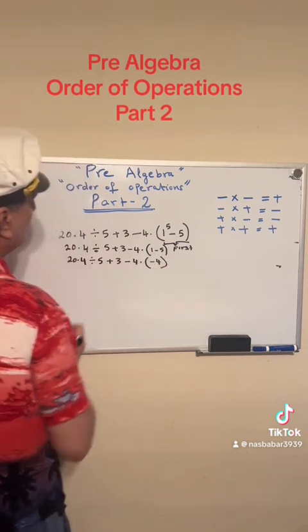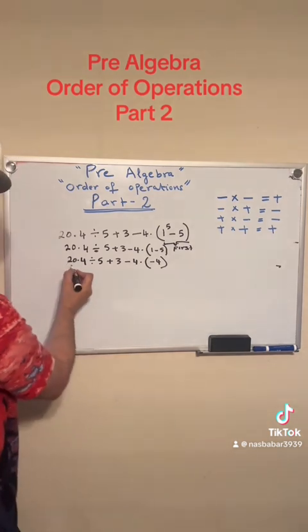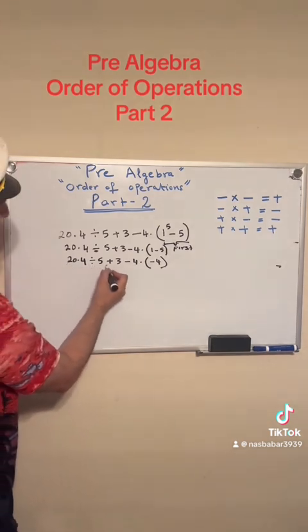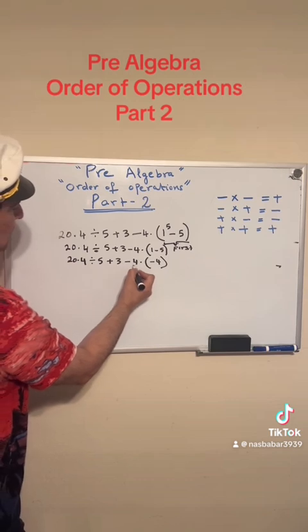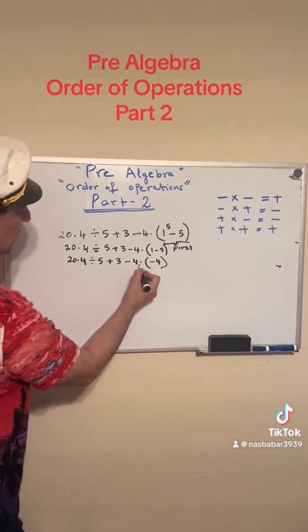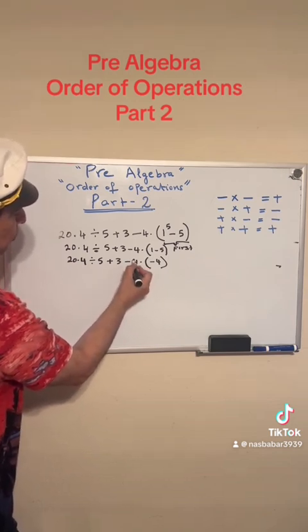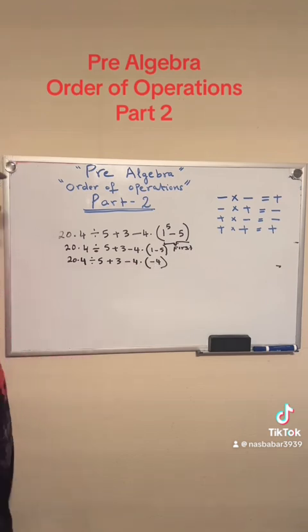Now in this expression, you have multiplication, division, addition, subtraction, and then multiplication again. This right here is 4 being multiplied by negative 4.